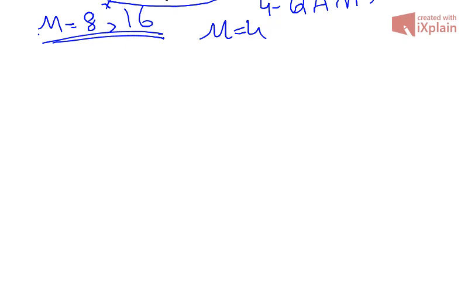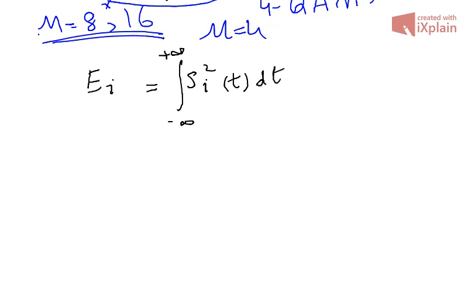When we are interested in the energy of our signal, signal i, to find the energy we integrate the square of our signal, right? We will have the same procedure for all of our signals.